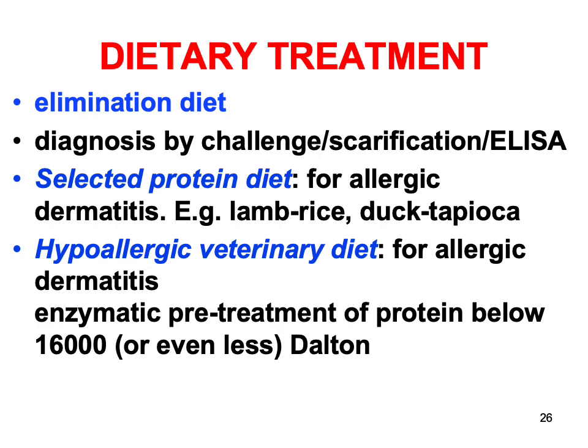We have two subtypes of this hypoallergenic veterinary diet, but the basic is that there is an enzymatic pretreatment of protein, and this pretreatment will split the protein molecules, and the residue will be not higher than 16,000 Dalton.